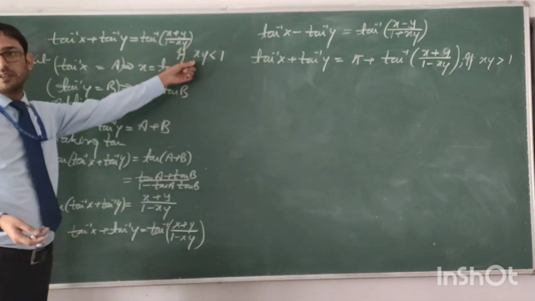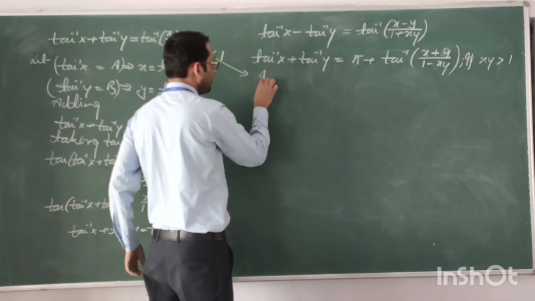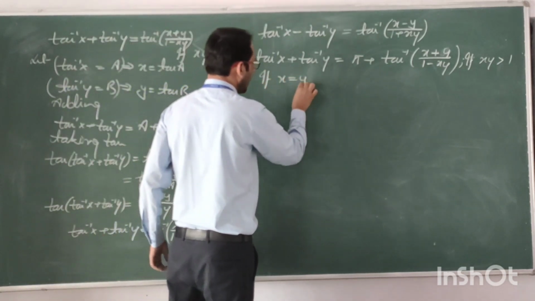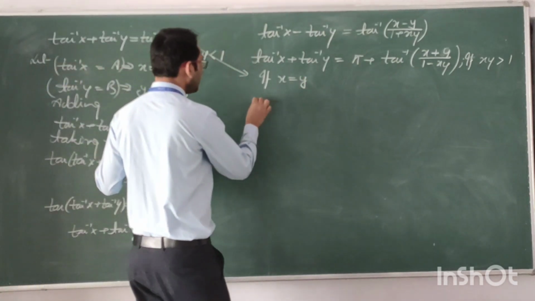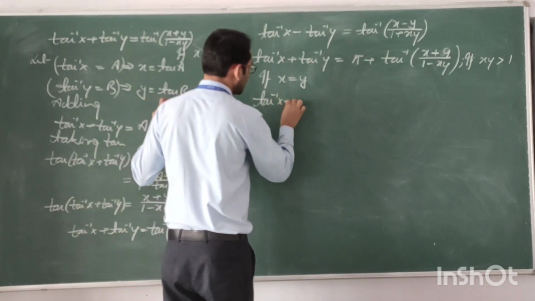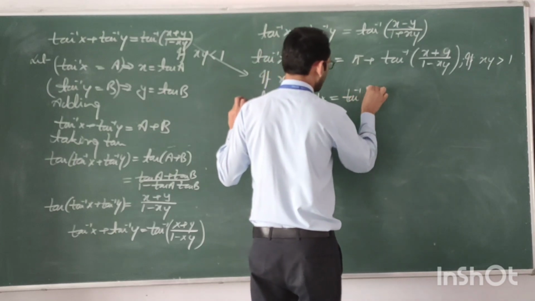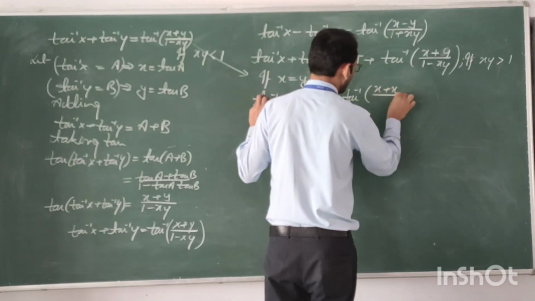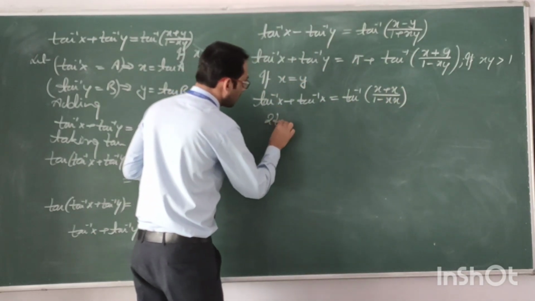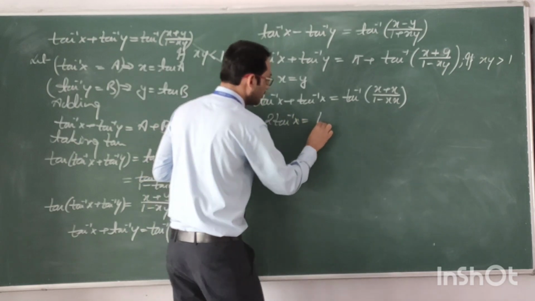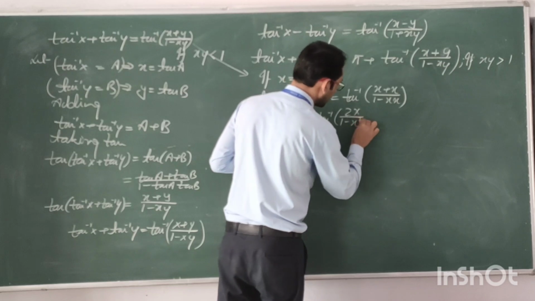This is simple only. Now if in this particular identity x equals y, then the identity will be tan inverse x plus tan inverse x equals tan inverse of x plus x upon 1 minus xx. That would be said as 2 tan inverse x equals tan inverse of 2x upon 1 minus x square.